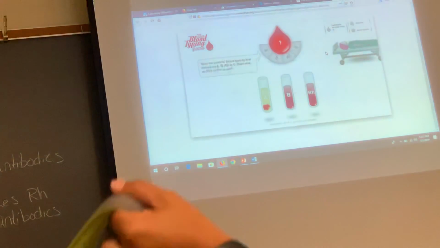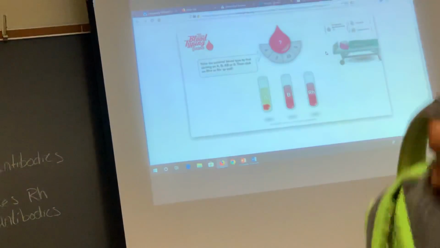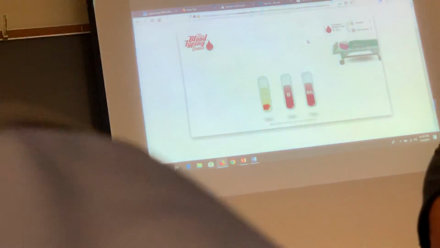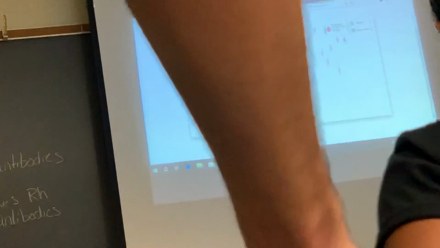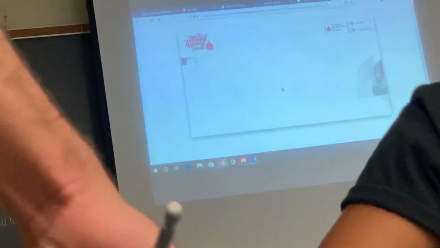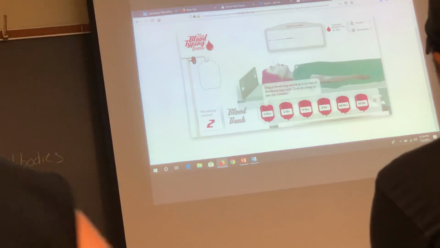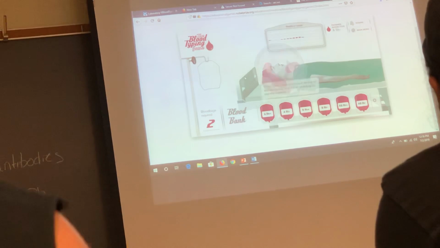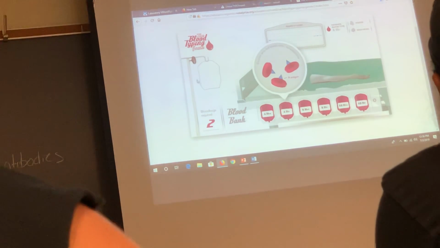So what is the blood type here? A negative. Got it. So we only had agglutination with A. Now what blood can they receive? A and O. Yep, A negative and O negative.